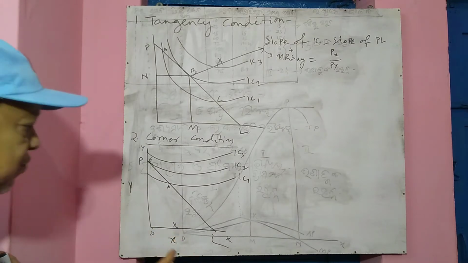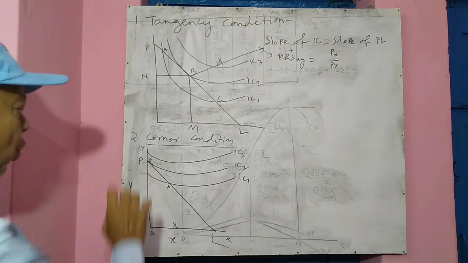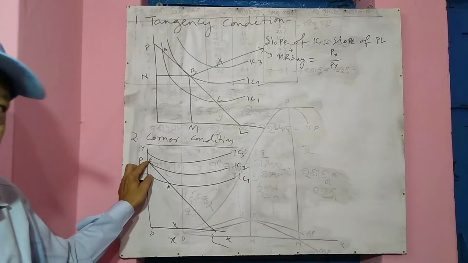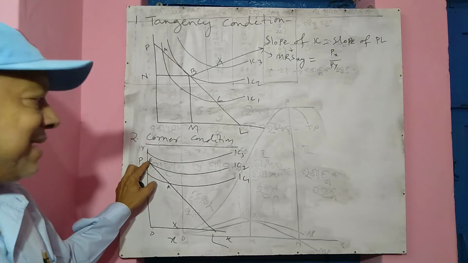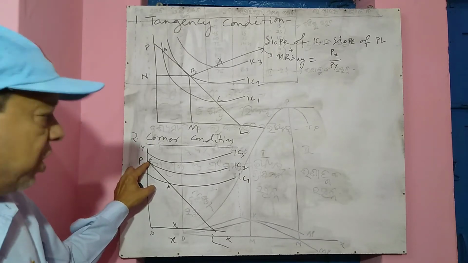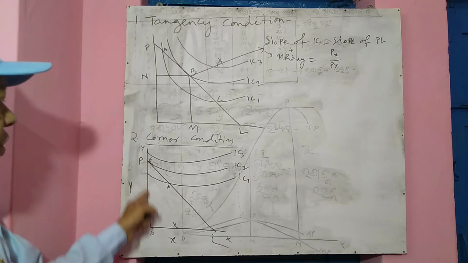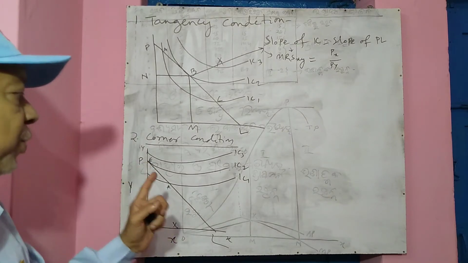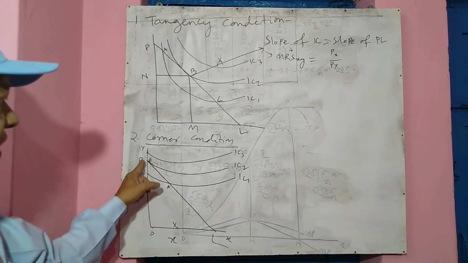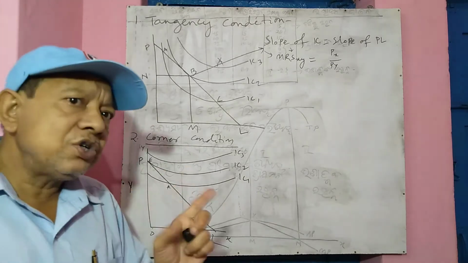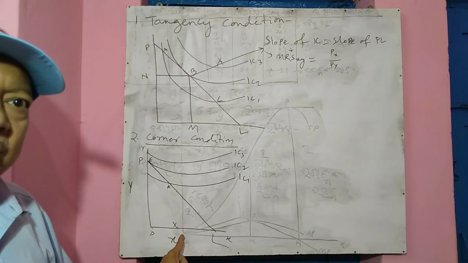Because it is a corner, the price line is tangent to the indifference curve 2 at point E, so the consumer will be in equilibrium at point E by consuming only good Y, that is OE amount of good Y. This will give him maximum utility, not good X or any other point.